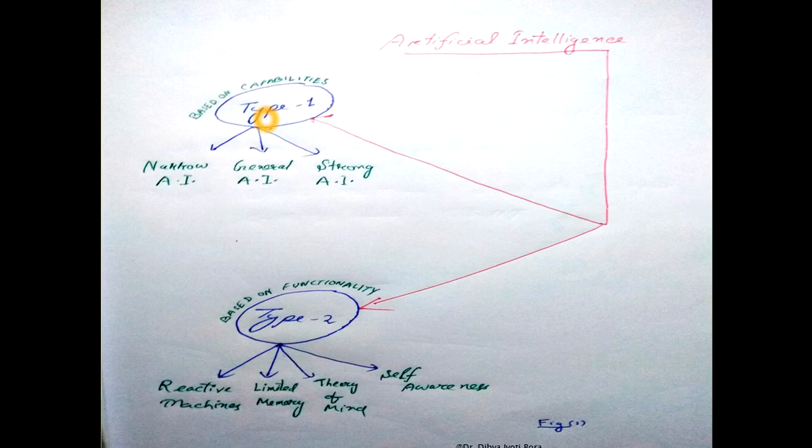The first one, type 1, is based on capabilities, and under type 1 we have narrow AI, general AI, and strong AI. We'll see each of them in detail. Then type 2 is based on functionality, and we have reactive machines, limited memory, theory of mind, and self-awareness. You can take a screenshot of this. This will help you.